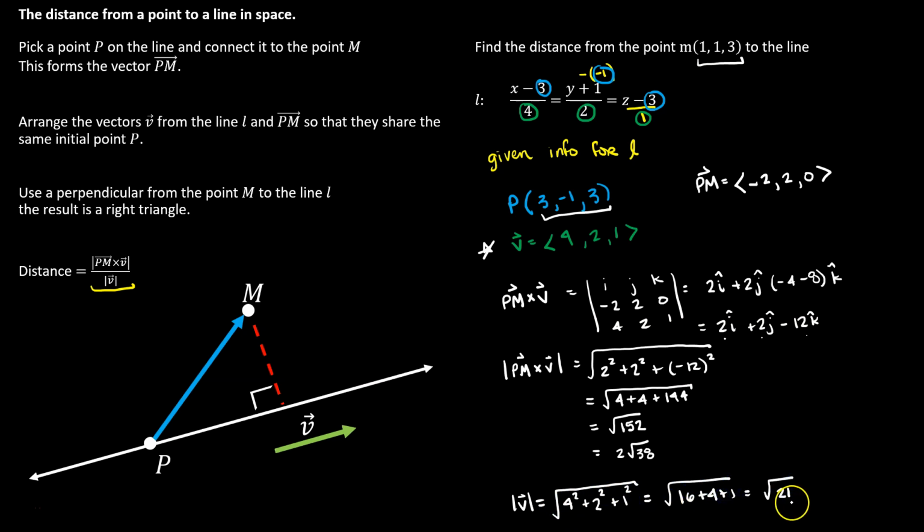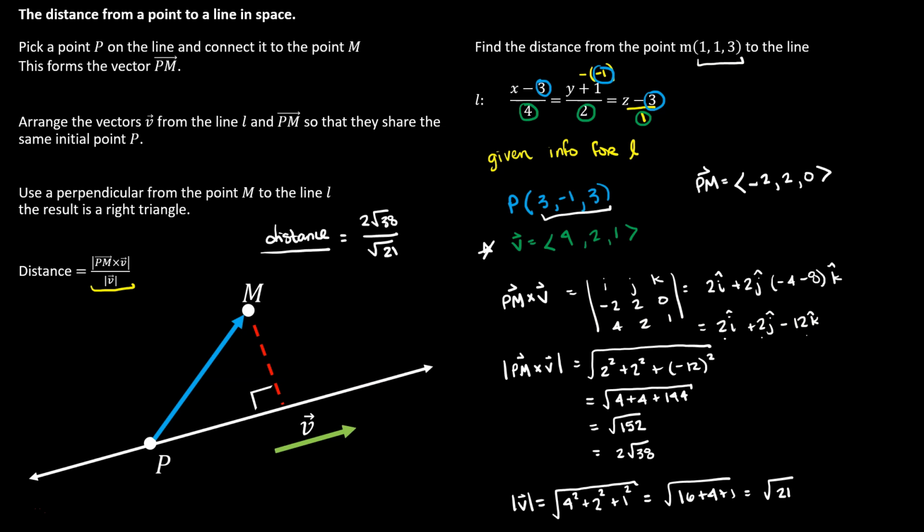And now we're ready to plug everything into our distance formula, and it looks like I have just enough room to do that right here. Our distance is going to be the magnitude of the cross product, which is 2 root 38, divided by the magnitude of the vector v, which is root 21. And we can type that into our calculator if we want to have more intuitive feel of what that distance is.